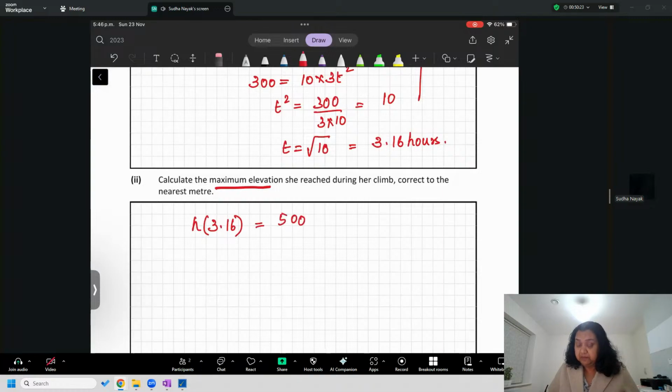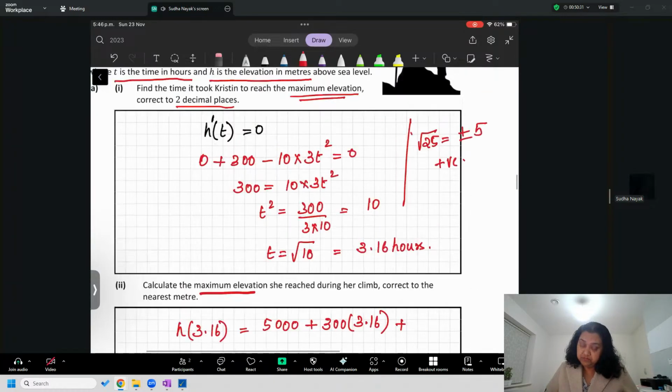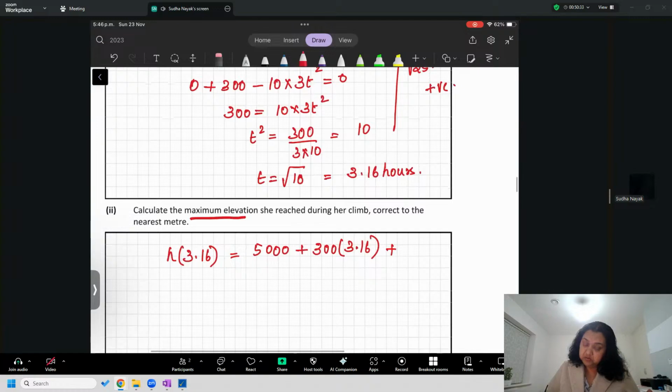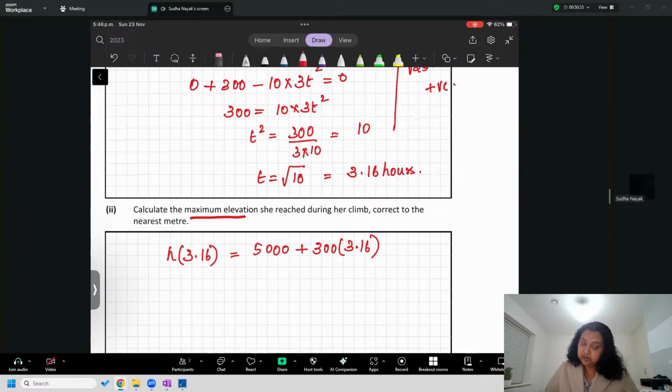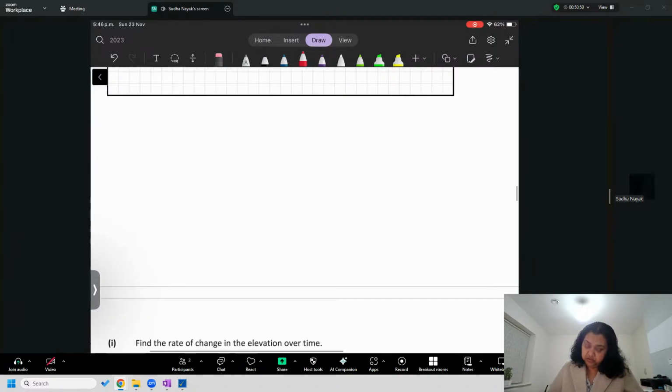So 300 times 3.16 minus 10 times 3.16 to the power of 3, sorry, cube. Put it in the calculator and you will find the value. Directly substitute it and you will get the value. I'm not going to do it.